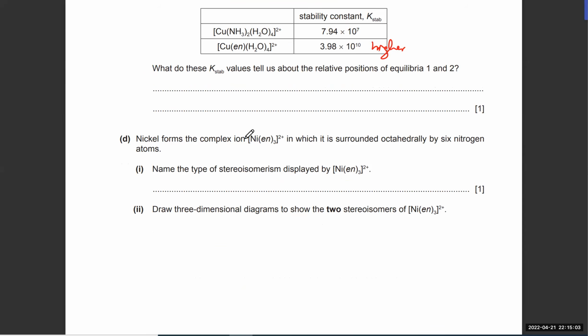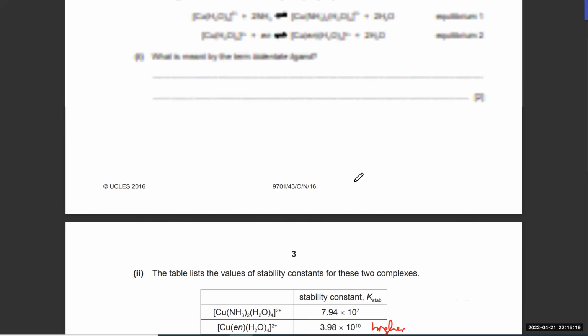Next one: nickel forms the complex ion Ni(en)3 2+, in which it is surrounded octahedrally by 6 nitrogen atoms. Name the type of stereoisomerism displayed by this complex, and draw a 3-dimensional diagram to show the 2 stereoisomers. Did he give us the structure of en?